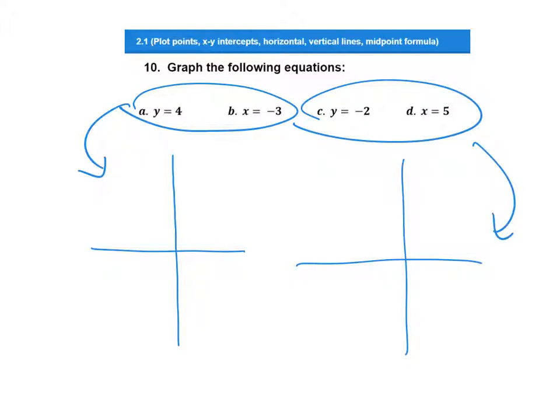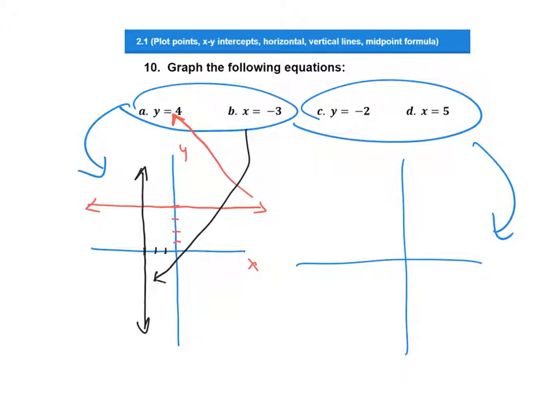So on A and B, when y is 4, notice it says y equal 4, so I need to hit the y-axis at 4. So the only way to do that is to draw a horizontal line. So that is your y equal 4. x equal negative 3, well, that's going to be over here at x equal negative 3, and it's going to be a vertical line. y equal 4 was a horizontal, x equal negative 3 is a vertical.